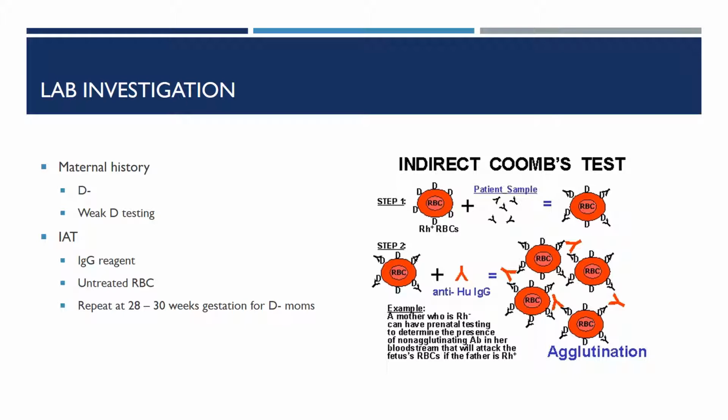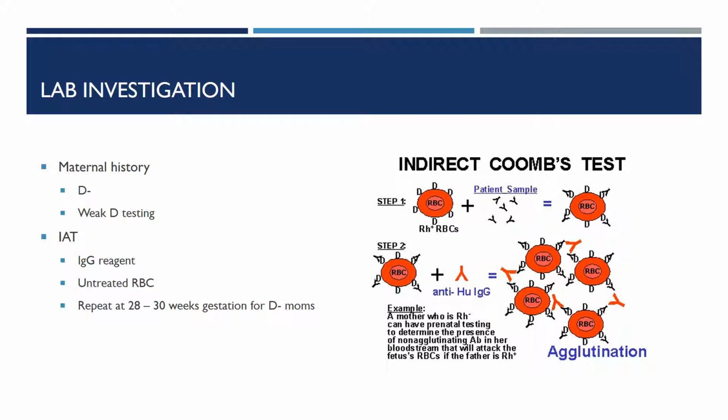And if you use any kind of enzyme-treated red cells, that'll reduce the number of antibodies that you'll detect. So you want to make sure that you leave all of the antigens intact and that you don't change them in any way when you're looking specifically for a risk factor here.